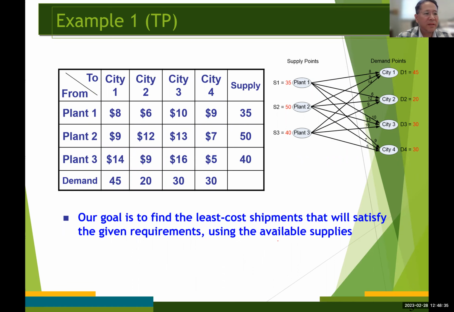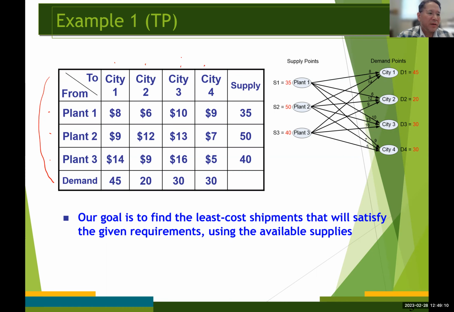Given this information, we can make a nice table, a transportation table like this, that summarizes all of the critical information. Here I have listed the sources in each row, those are the 3 different sources, plants number 1, 2, and 3, and the destinations in each column. So we have 4 different destinations, those are the 4 different cities.